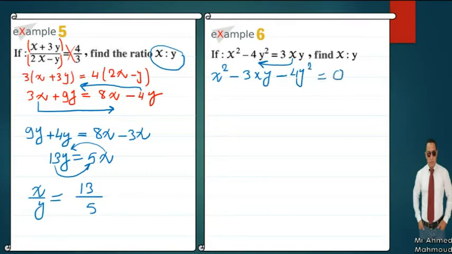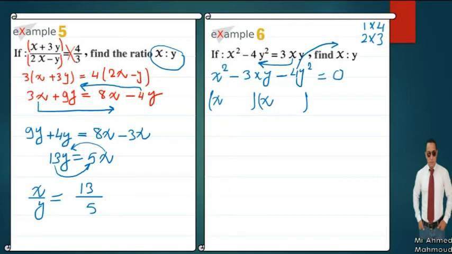Okay, now I will open two brackets like this. x power of 2 will be distributed here and here. Minus 4 equals 1 times 4 and 2 times 2. Because we have a negative sign here, I need two factors whose difference equals 3.